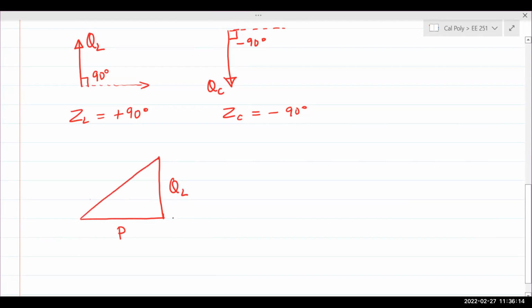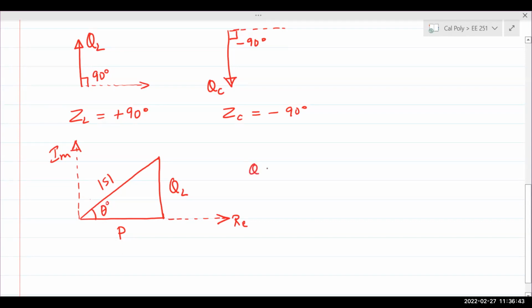So this would be the real axis, this would be the imaginary axis, and joining the two sides of the triangle would be the magnitude of the total complex power. The phase angle that it makes with the real axis gives you the phase of that total complex power.